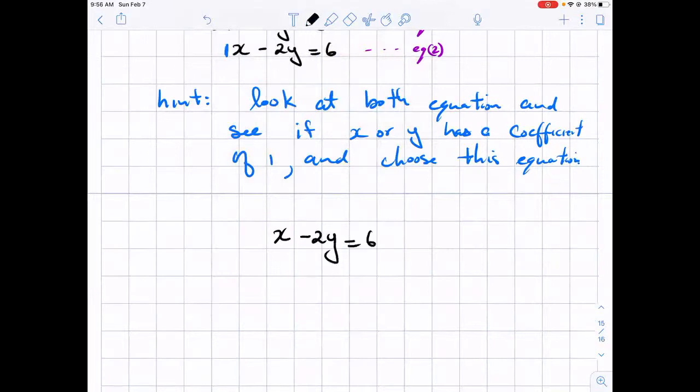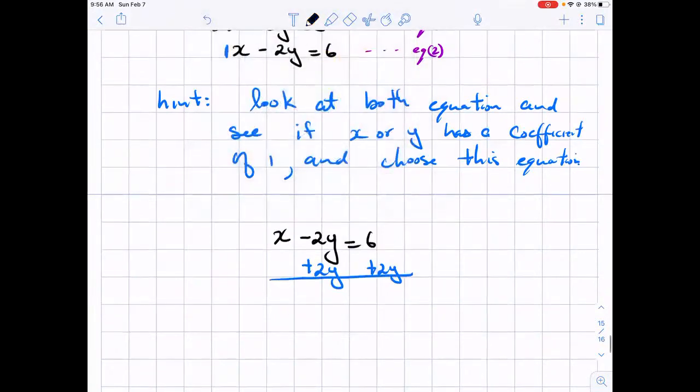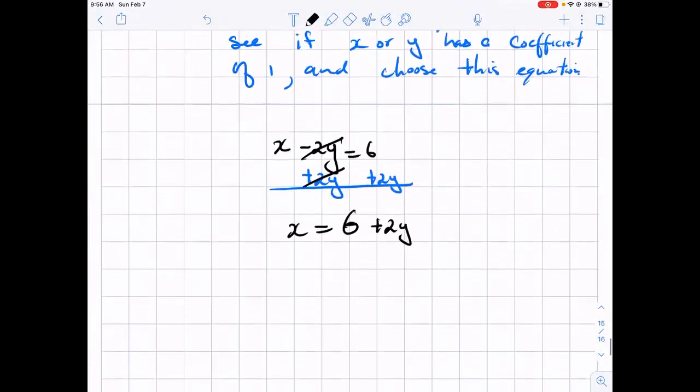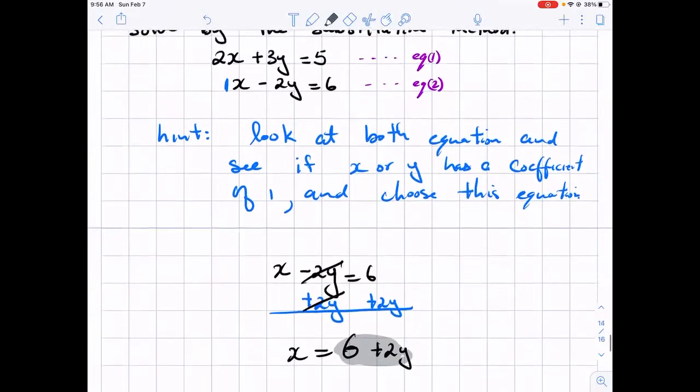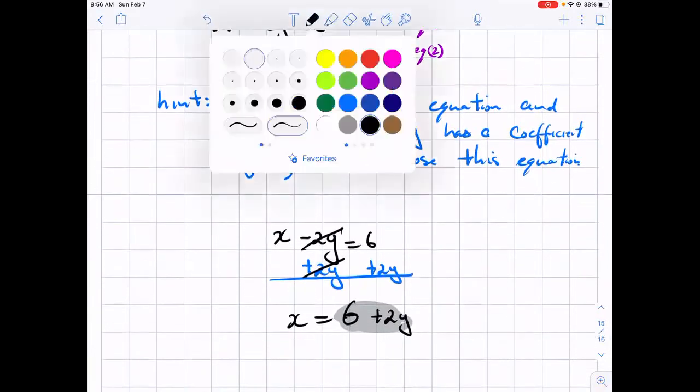And to get x by itself, we're going to add 2y to both sides. If we do this, we have x is equal to minus 2y plus 2y cancel, and that leaves us with 6 plus 2y. So here is what we're going to replace x with. So here is our x value. So notice we chose equation 2, right? This was our equation 2.